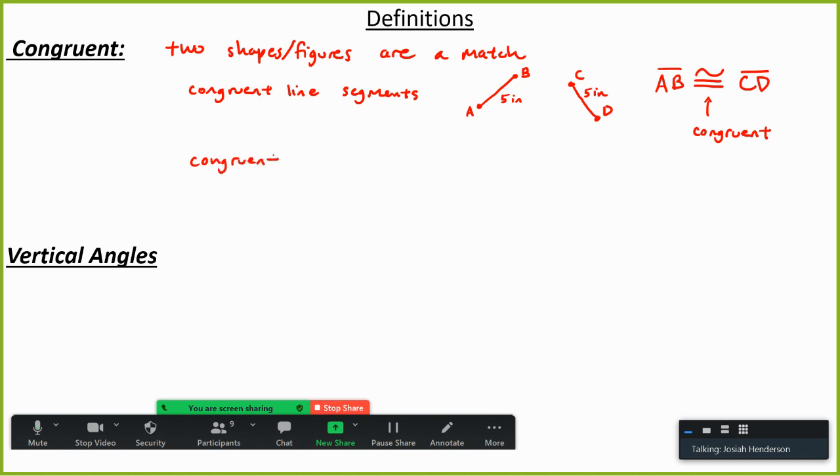So I'm going to put this below, congruent angles. An example with a picture. Let's say we had angle, I already used A, B, C, D, so let's do angle EFG. So here's one angle. And if I had next to it or somewhere in the universe a second angle with the same exact size, angle HIJ.